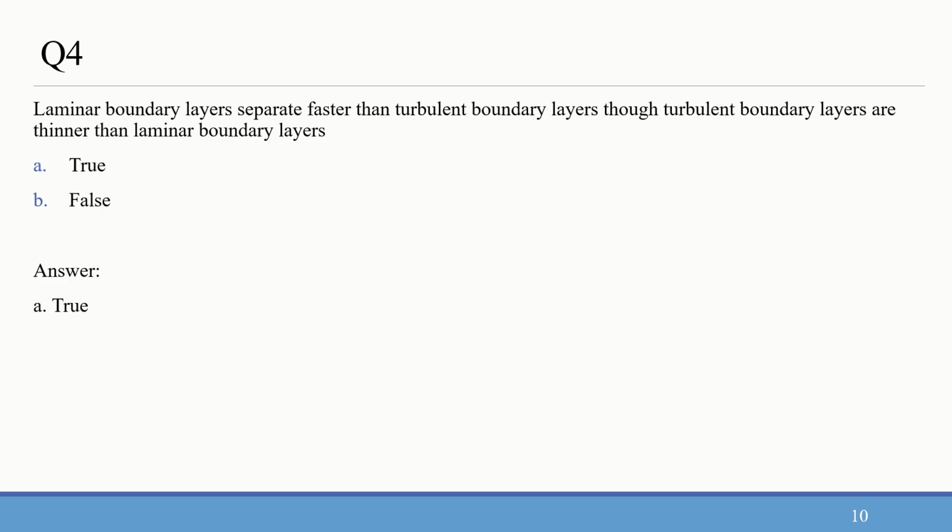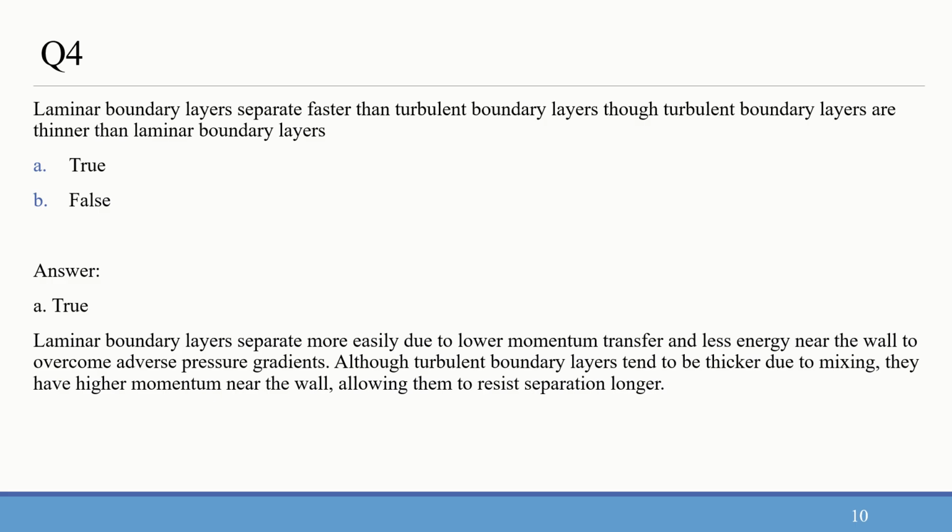Turbulent flows, due to chaotic mixing, transport high energy fluid from the free stream closer to the wall, so they get the momentum to resist the adverse pressure gradient and stay attached longer. Laminar boundary layers, due to low momentum transfer and less energy near the wall to overcome the pressure gradient, separate faster.